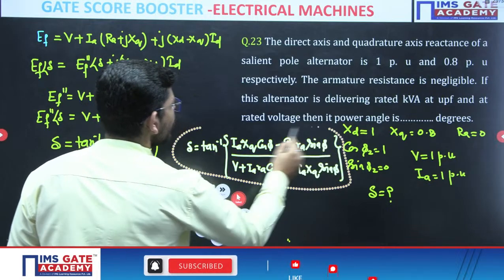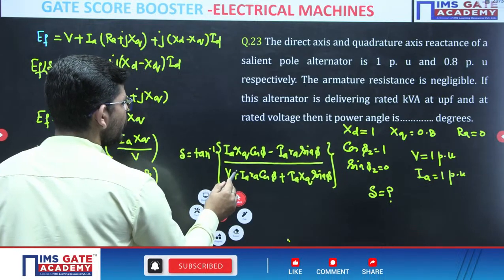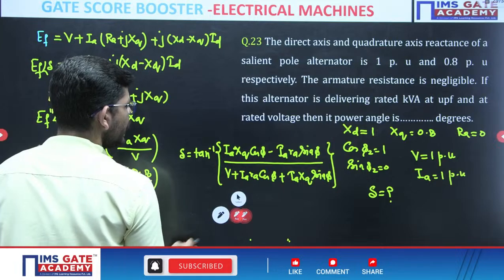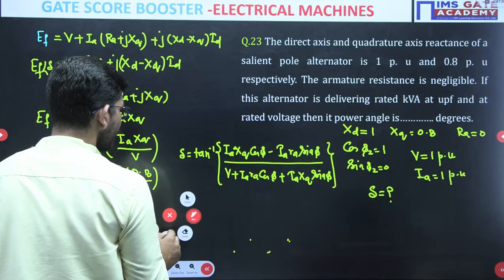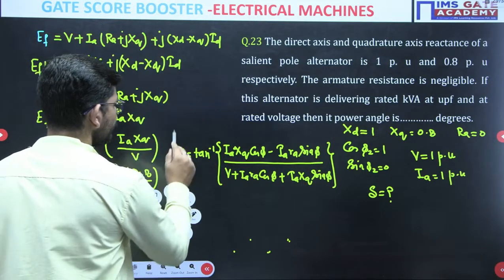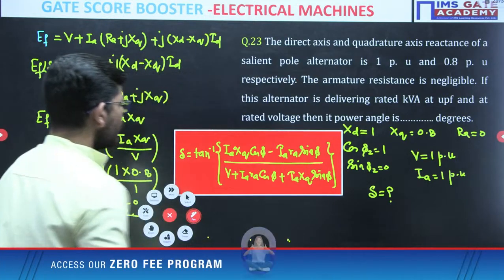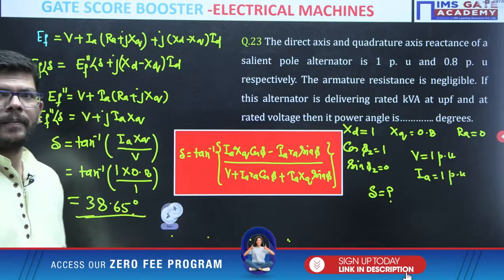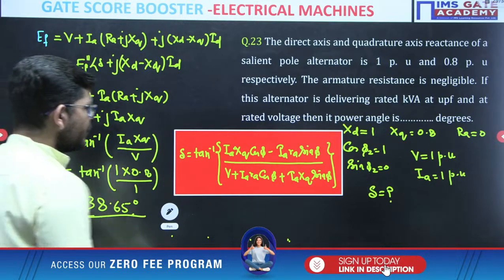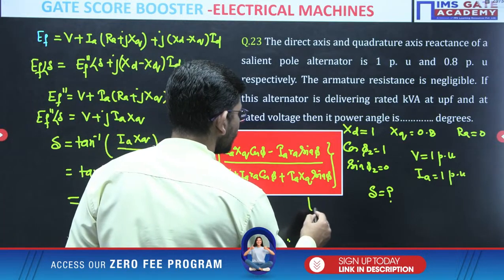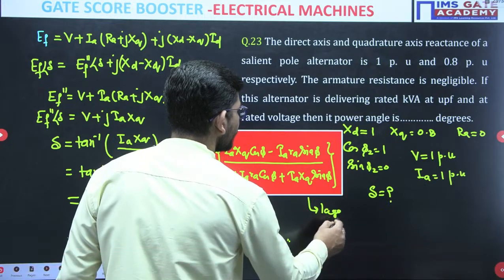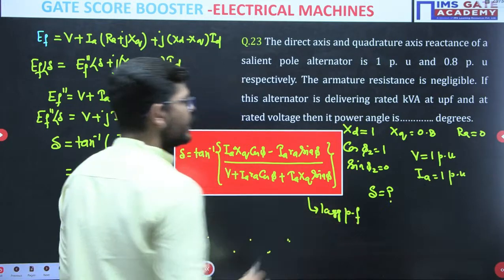If you want to calculate del for any other power factor, you can use this formula. This is for lagging power factor, correct me if I am wrong, and RA not neglected.